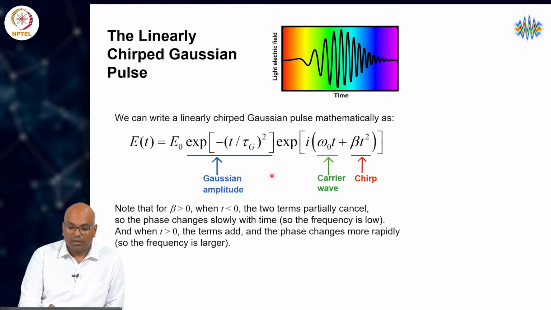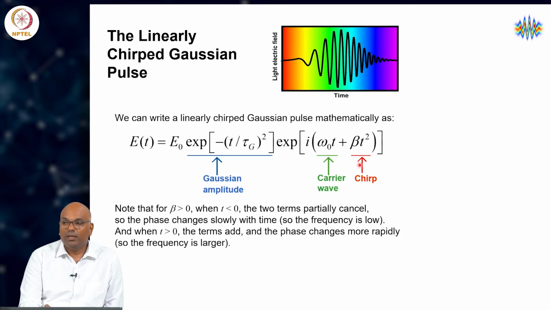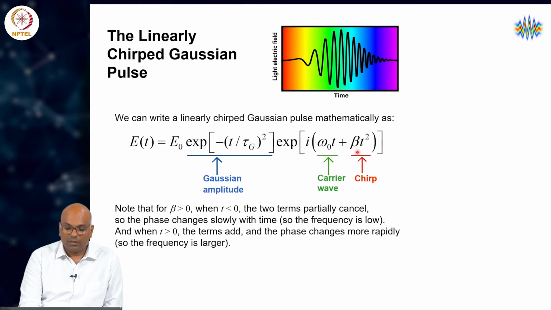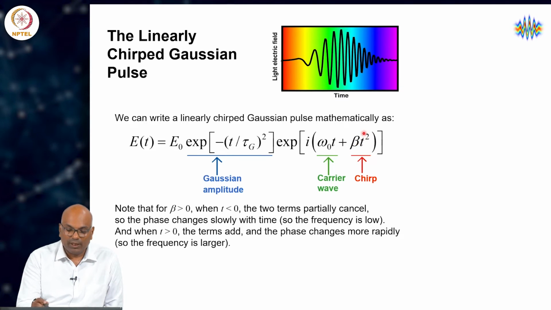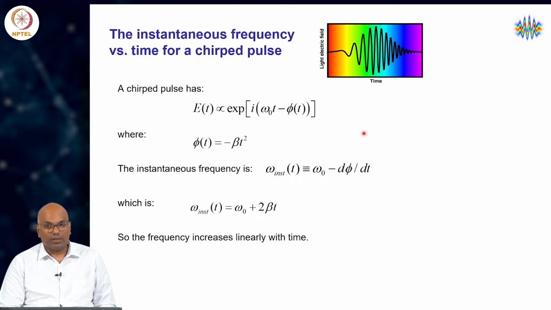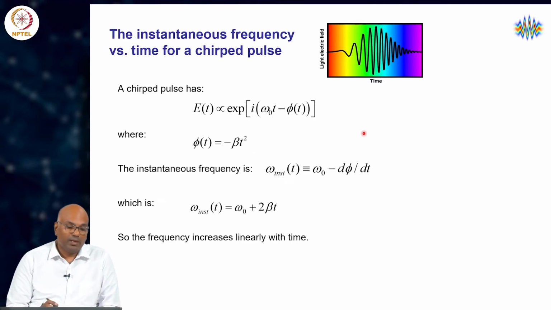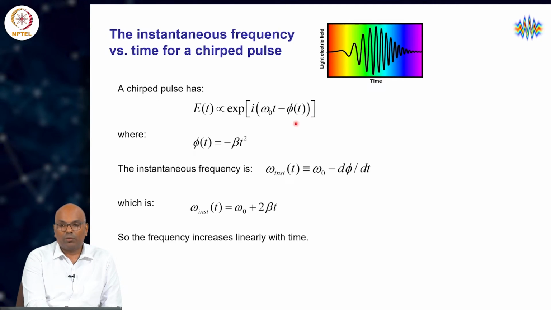One is of course the carrier wave term, and the other is the term that leads to the linear chirp, the chirp coefficient here being beta. So, beta times t square, right. So, now the instantaneous frequency of the pulse as a function of time can be deduced by taking the derivative of this phase term, omega naught t minus phi of t.